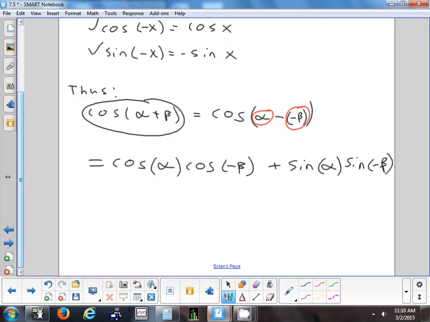Now the sine alpha in the second part and the cosine alpha in the first part, can't really do much with it. It's just these negatives, which we'll use the identities up above. So we get cosine alpha. Cole, what does cosine negative beta simplify to? Cosine beta. Yeah, with cosine, you just get rid of the negative. Okay, it just goes away.